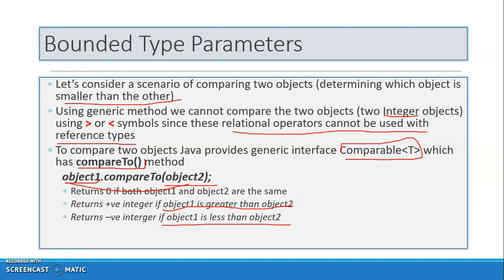So you can use this to compare objects. But not any class will be able to do so. We can have Comparable T as the bound for our generic class, so that we only accept those classes that have the Comparable interface implemented.